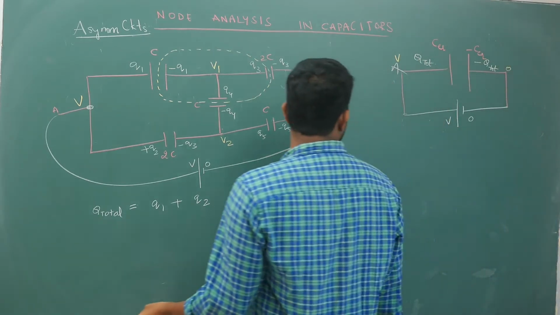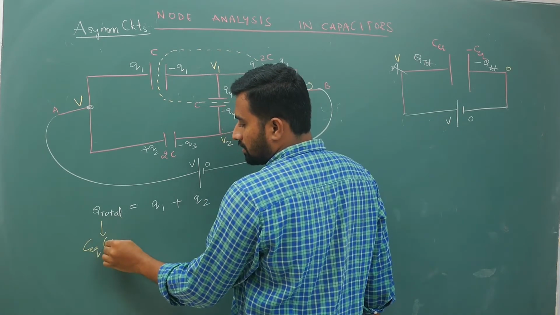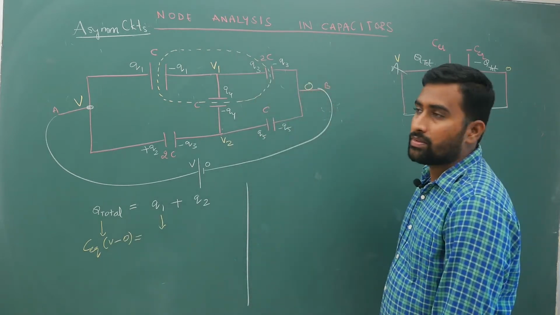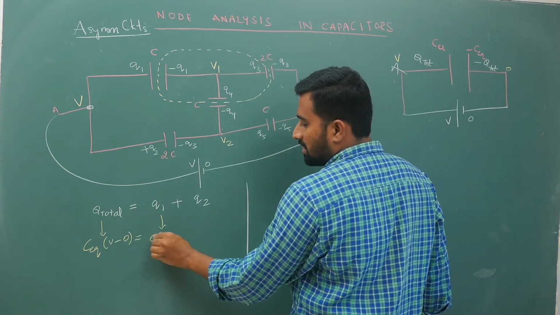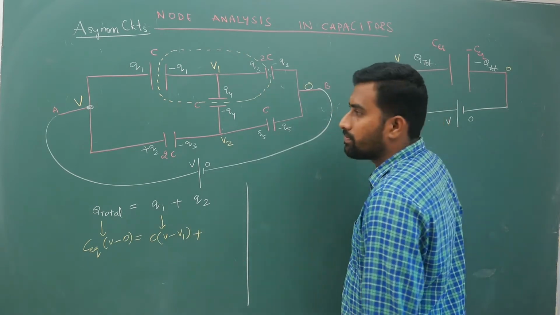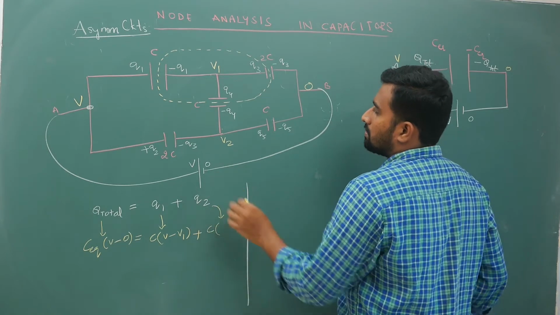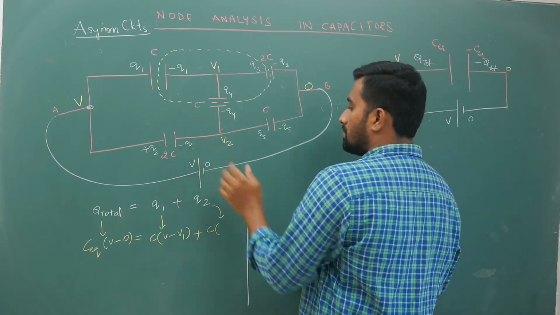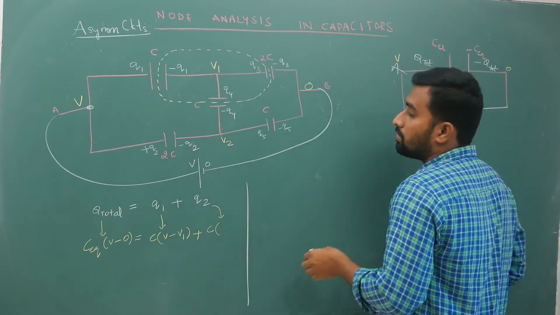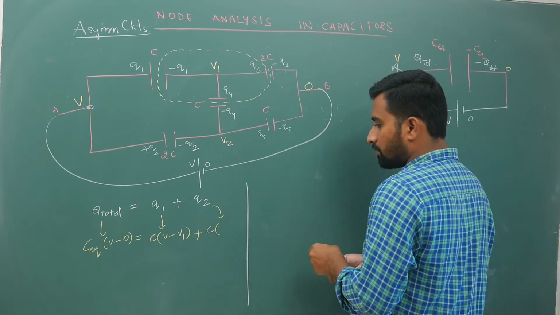What is Q? It is C into V. So your C equivalent into V minus 0 is equal to Q1 plus Q2. Q1 is C times V minus V1, and Q2 is C times V minus V2.